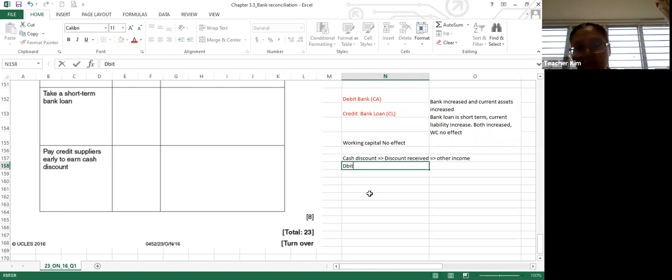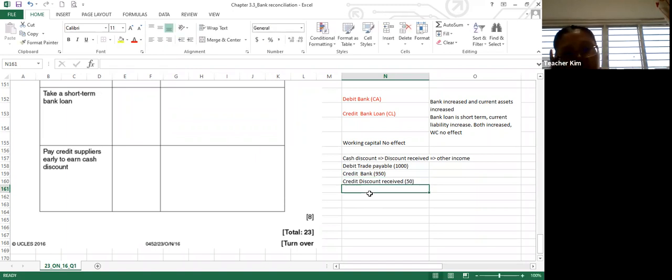Debit supplier, which is a trade payable. Let's put in the amount. Here pay 1,000. And credit bank 950. And then credit again discount received 50.